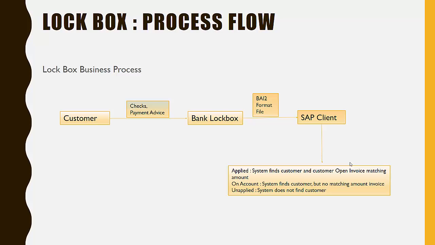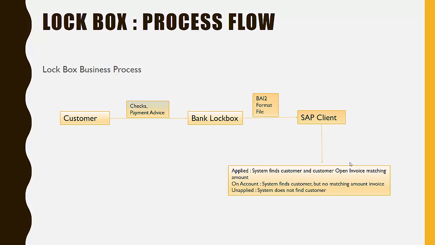The company's SAP system receives this file and automatically posts it in the system. Once the file posts, the bank account gets debited with the amount of money customers have sent, and the customers' open invoices in SAP get cleared. So the whole process is automated through the Lockbox process.